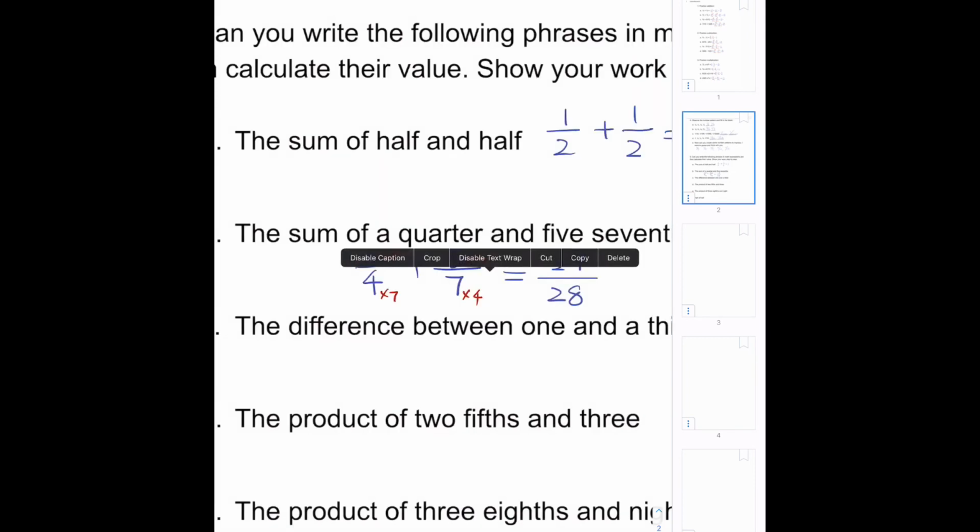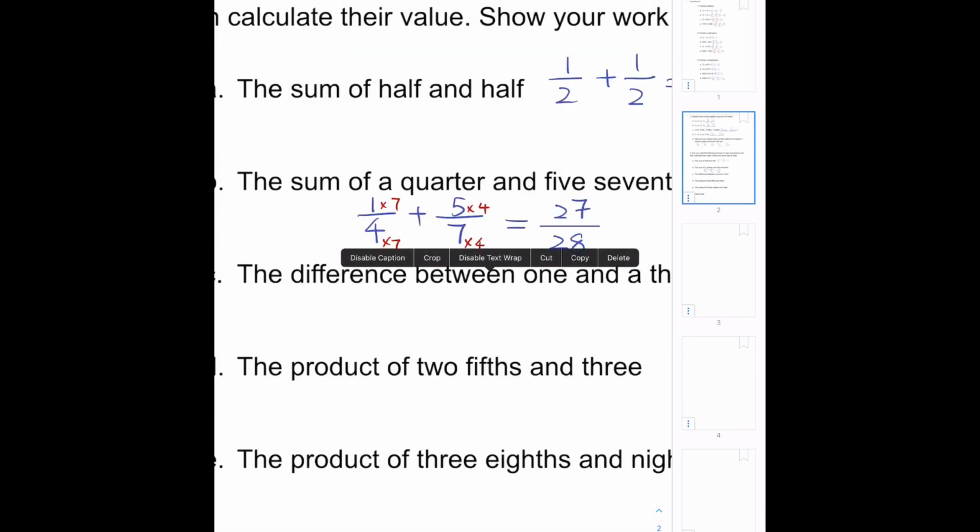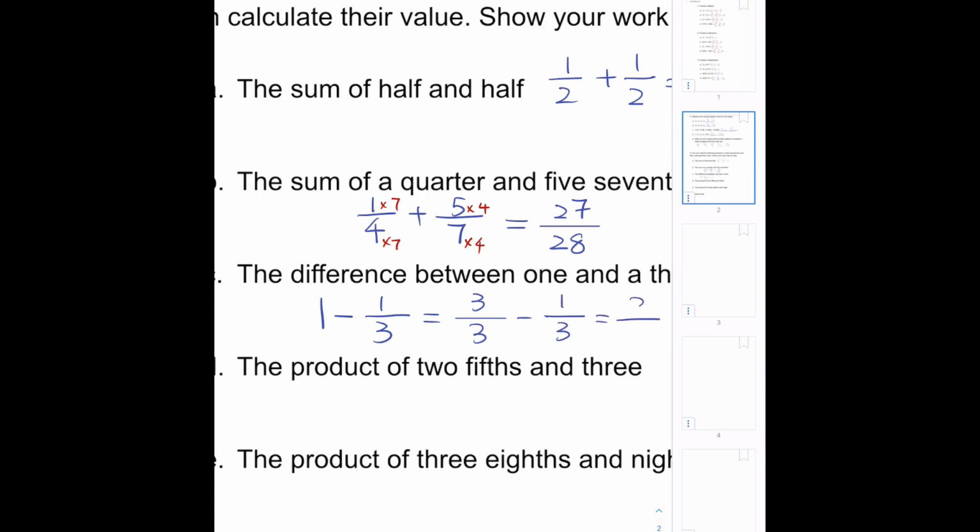What is going on? Of course, I will need to caption. 1 minus 1 over 3 is 3 over 3 minus 1 over 3 is 2 over 3.